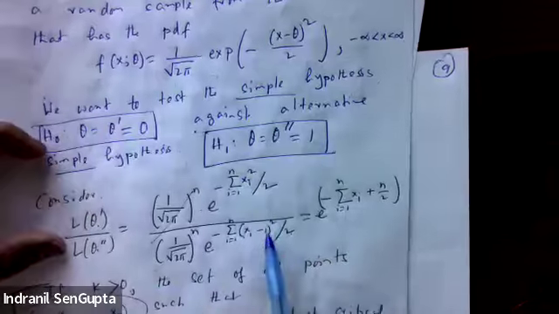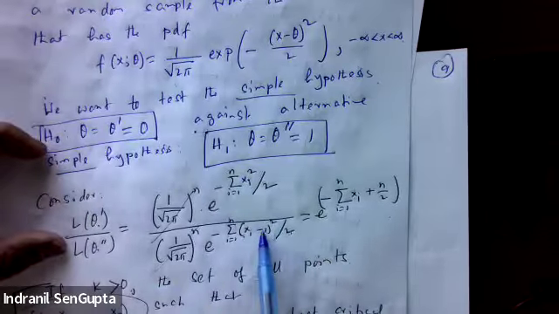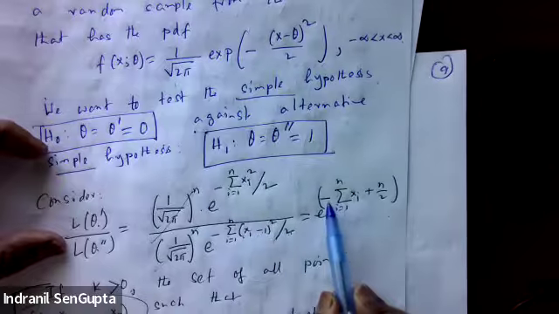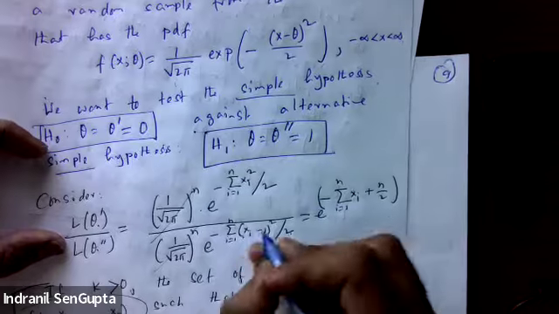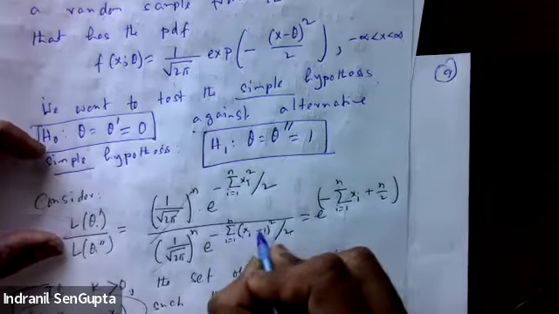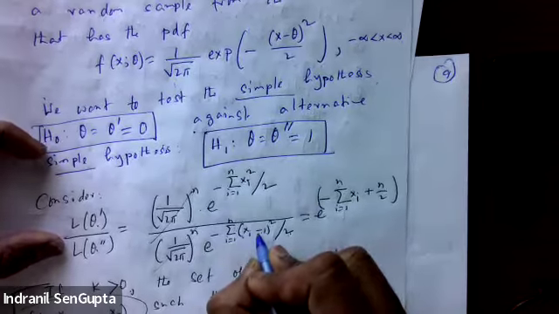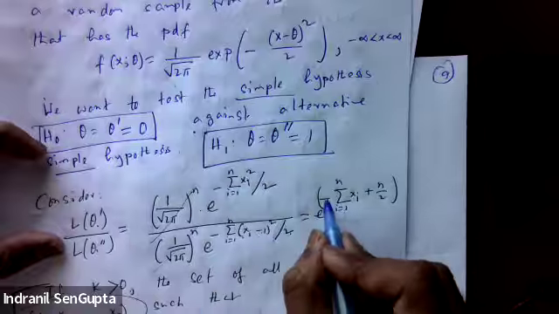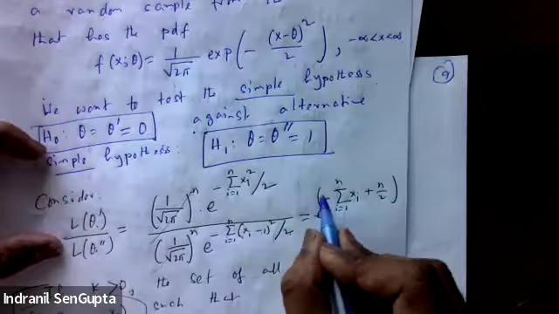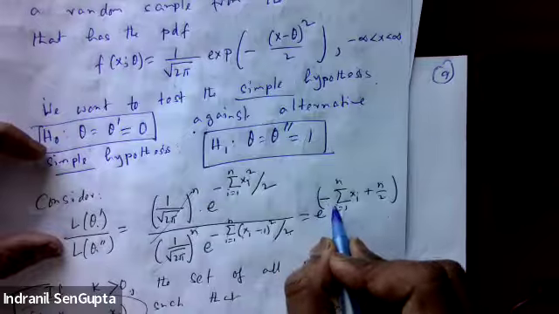The computation will be the same, but here it's 0 and this becomes +1. So that +1 would go here. That's the only difference.